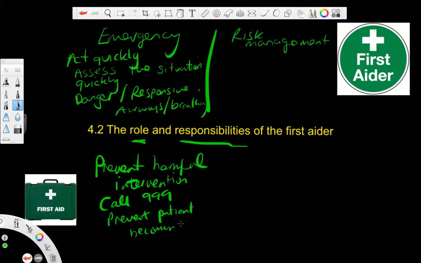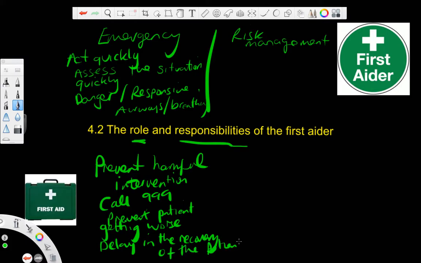Prevent the patient getting worse would be another one. So they prevent the patient getting worse, and they should also prevent the delay in the recovery of the patient.